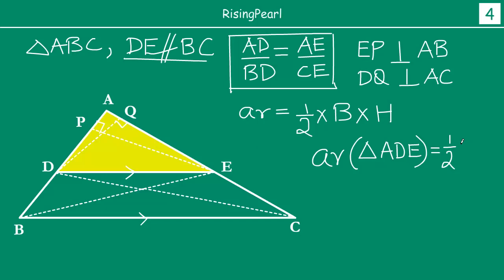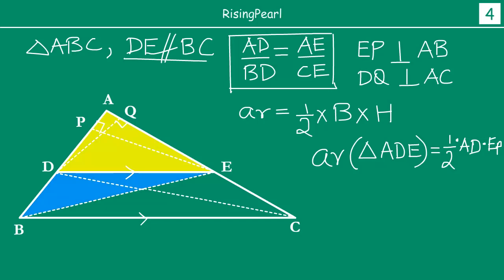So half times AD times EP, which is the altitude. So half, just putting a dot here, which is multiplication, EP, right? So I can express the area of the triangle ADE in this fashion.